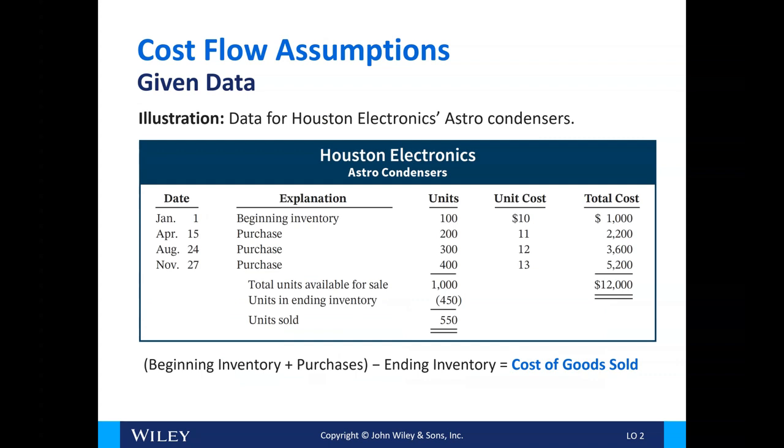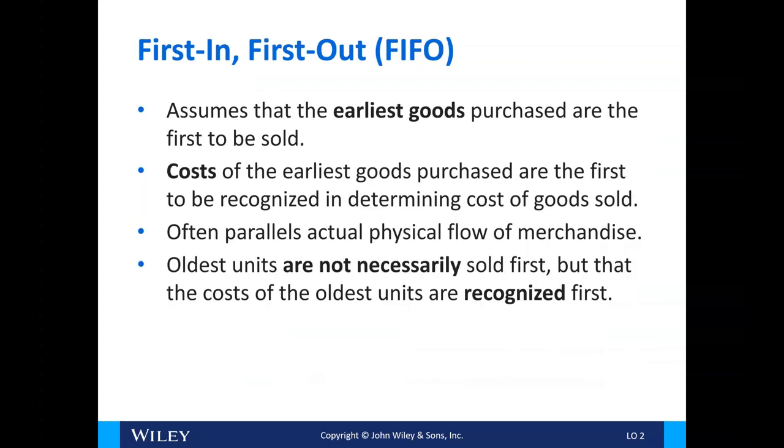And so if we use the average cost, you can see here that that's going to be $12 average cost. But the units in ending inventory were 450, so we sold 550 units. So again, beginning inventory plus purchases minus ending inventory is equal to cost of goods sold. So we have to determine these amounts.